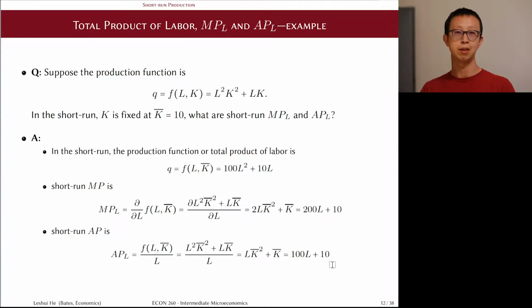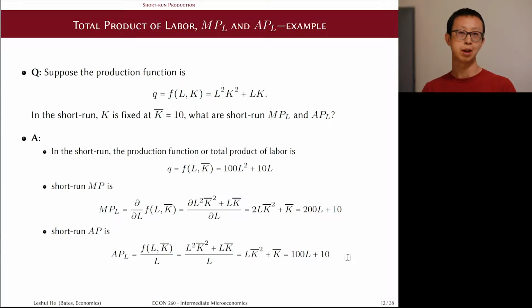These expressions of average product of labor and marginal product of labor may seem somewhat abstract because they're functions of L. This is totally normal because we haven't told the function how much labor we actually used in this production specifically. So the marginal product and average product may very well vary as the amount of labor used is being changed. And these functions capture how these measures vary as L changes.